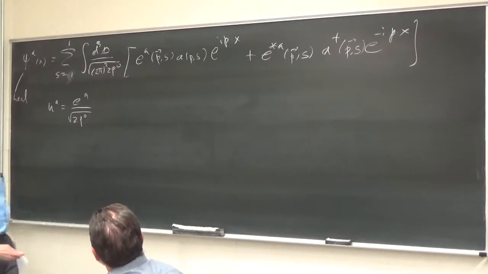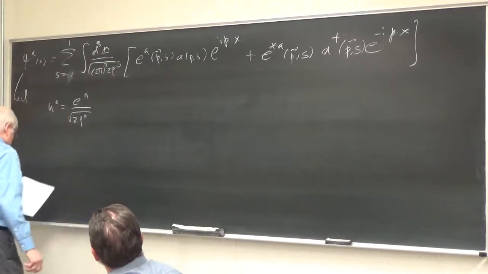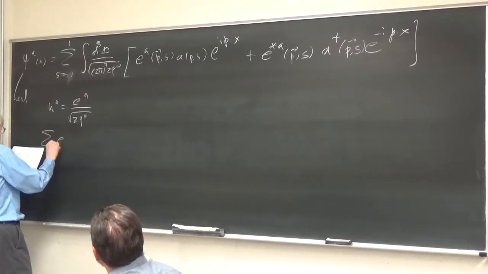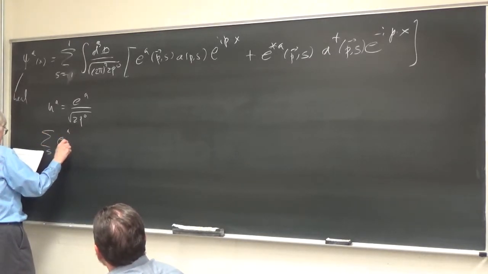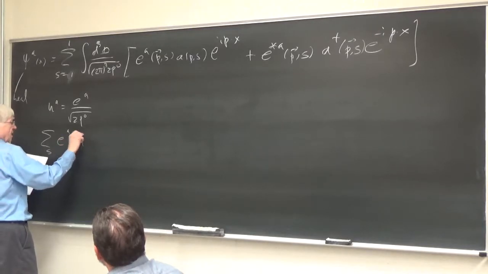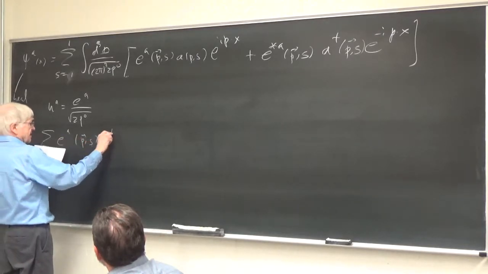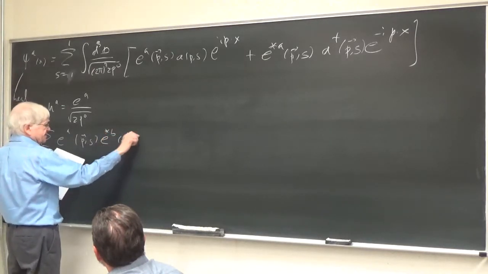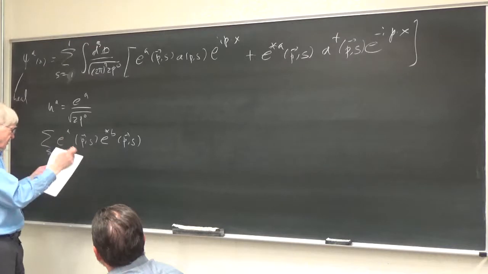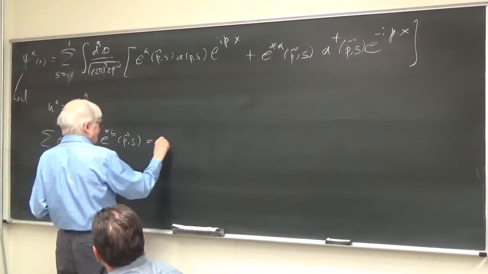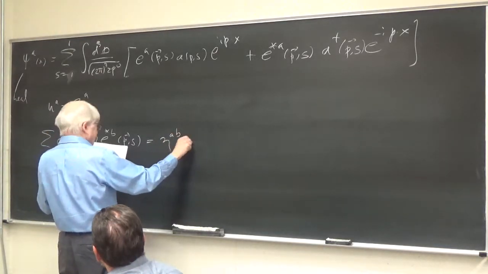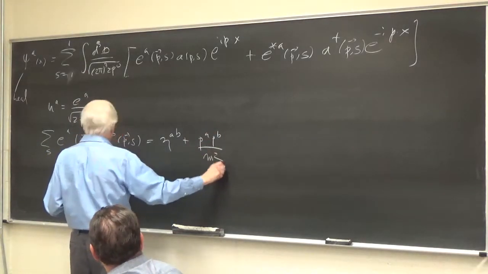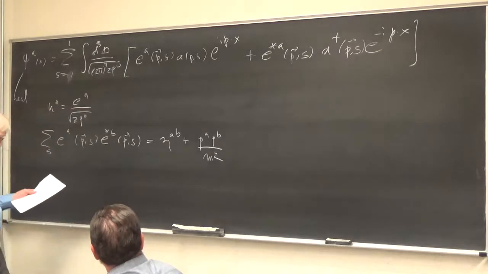We also computed what the spin sums were for a spin 1 field, and it is the sum over s of e_A of p and s, e_B star of p and s. I raised the indices on the blackboard, they're lower in the notes, but anyway, it's eta_AB plus p_A p_B over m squared. So that's what the sum actually is.